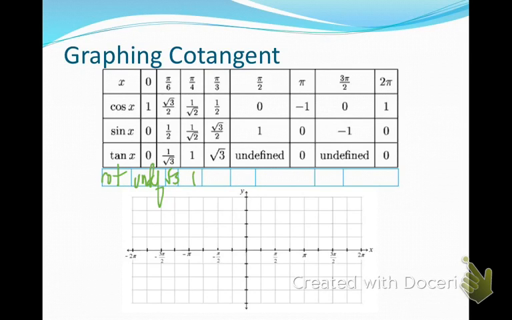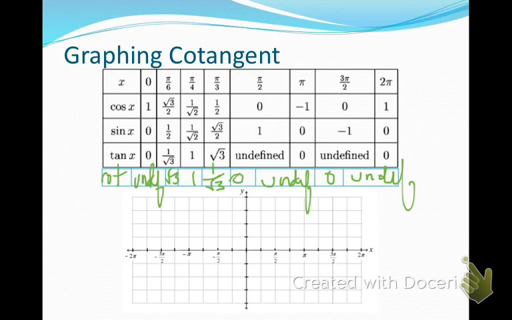We're still at 1 at pi over 4, but then we go to 1 over root 3. Then we get to 0, and this is where they're reversed of each other. So that means tangent's going to have a lot of similarities, but just a little bit different, and it's different enough to really throw people, so be careful.